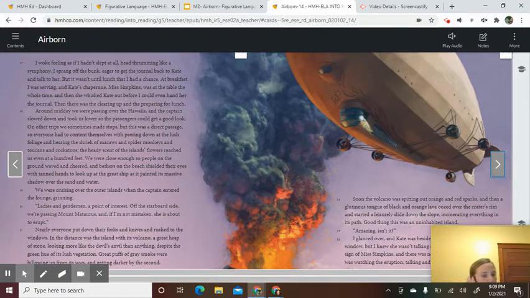The heady scent of the island's flowers reached us even at 100 feet. We were close enough so people on the ground waved and cheered, and bathers on the beach shielded their eyes with tanned hands to look up at the great ship as it painted its massive shadow over the sand and water.